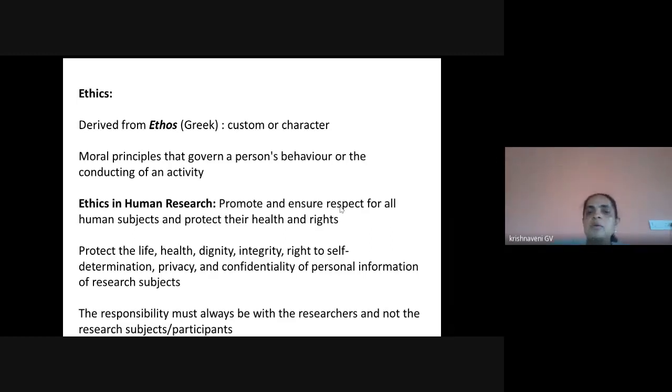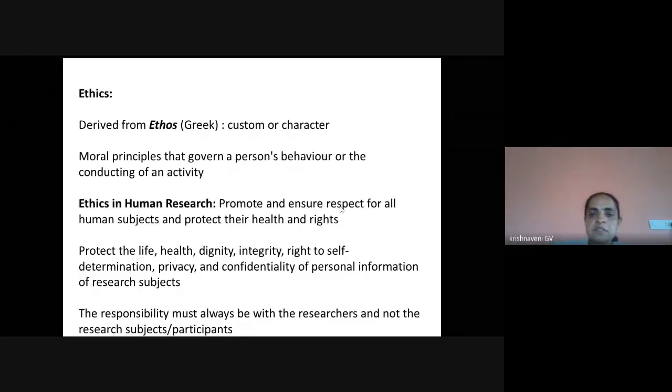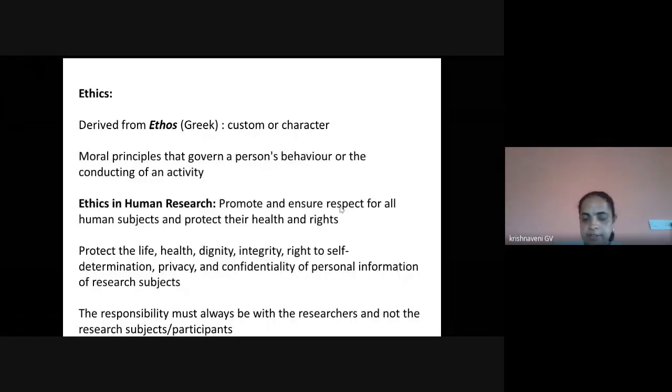And you also give participants the right to decide how they want to participate, when they want to participate, and when they want to leave the research. You respect their privacy and confidentiality, and you don't divulge their personal information to anybody other than those who are part of the research team.